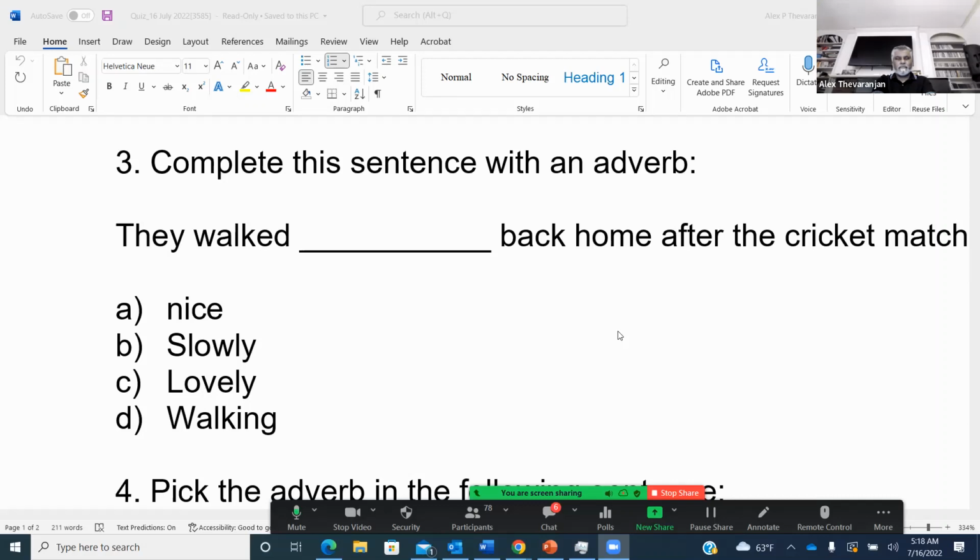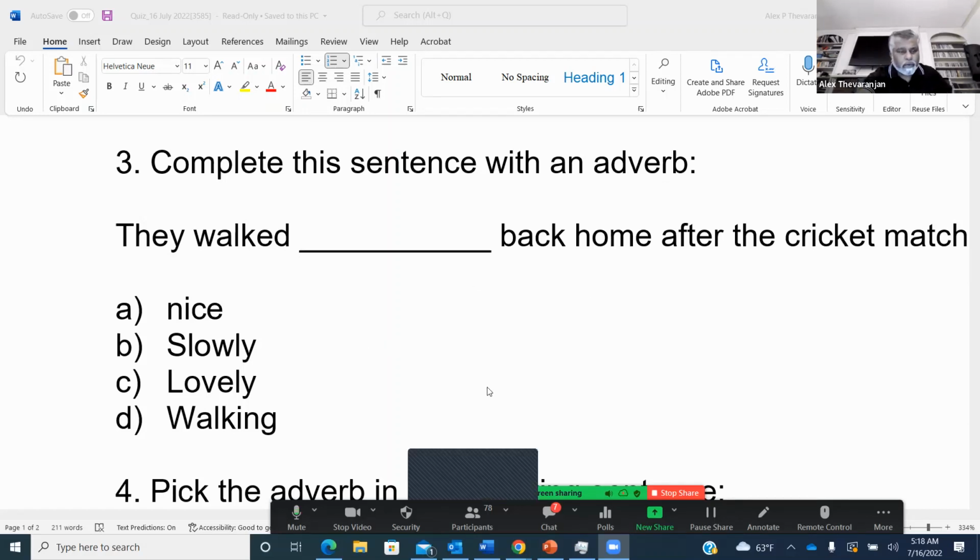So an adjective basically describes a noun. An adverb describes a verb, but also an adjective. Here, the verb is walked. How did they walk? They walked slowly. That's an adverb.